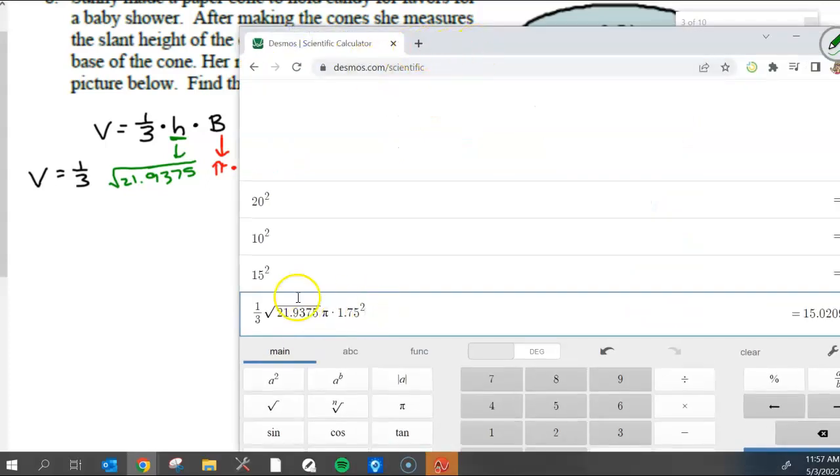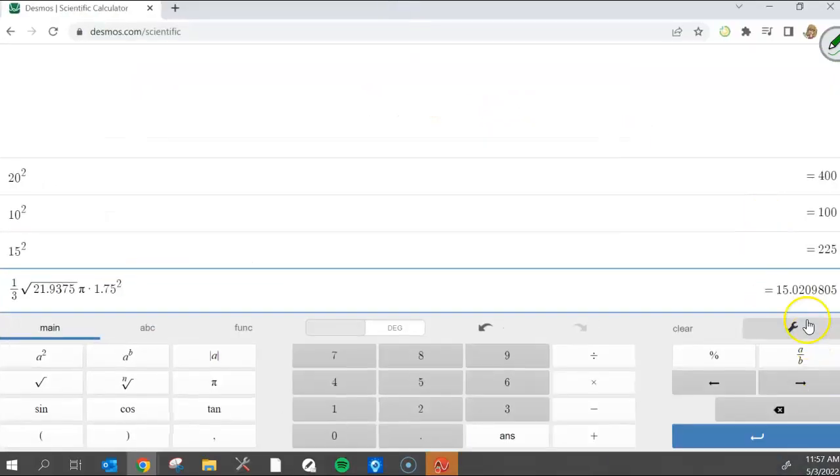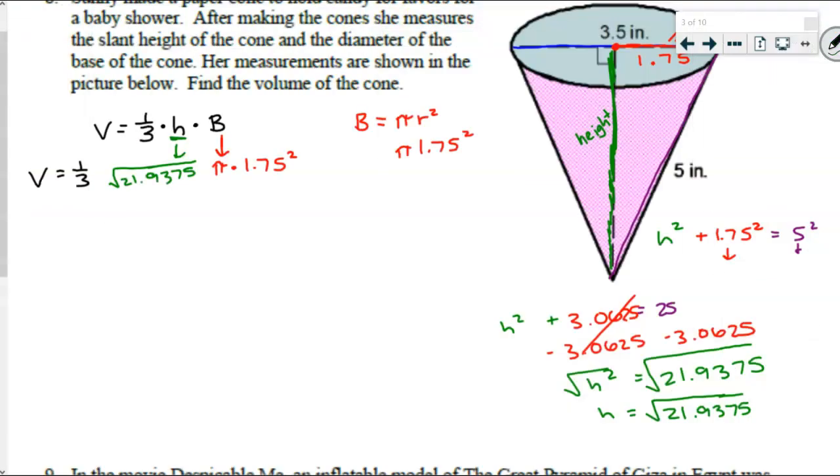Do you guys see that? And we get 15.02, or about 15 inches cubed, because it's inches times inches times inches, volume is inches cubed.